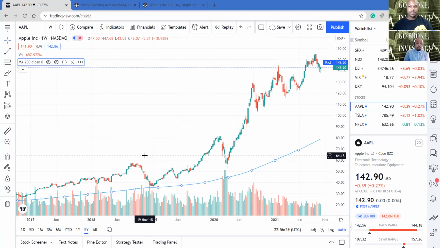Now, options traders and more advanced investors are going to be throwing all kinds of indicators at the chart, because they're looking to get in different positions at different times at a precise moment, and they're trying to pinpoint and time the market, which is pretty hard to do. And if you're just a traditional retail trader and you don't have time to watch screens all day, that's not something that you probably want to get into.